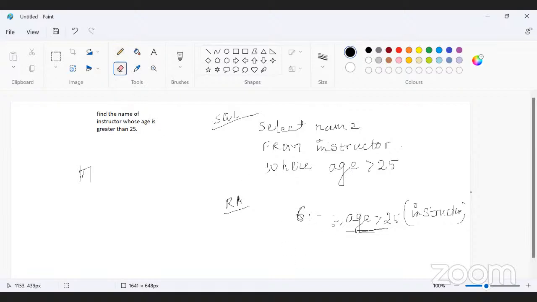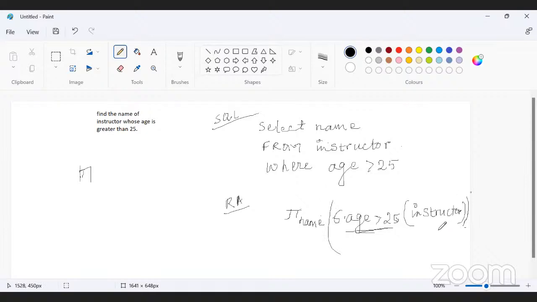So we put the condition only in this sigma, the select operation. Whatever is in the where clause, we put under the select operator here. And pi, whatever name we want to project, we write here: pi name, right?